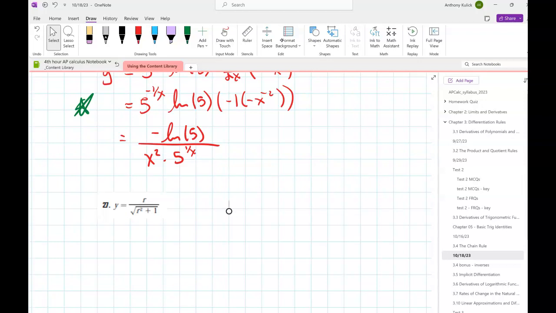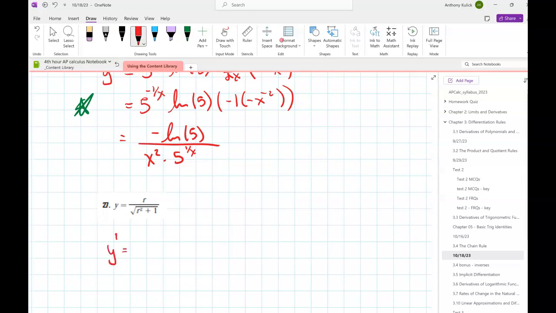Or, I guess it would be a chain and a product. That's probably not any better. I'm trying to think, maybe I could get it into a single chain. Yeah, it's not even worth it. The quotient rule would not be difficult to do here. Let's just do that. Sound okay?